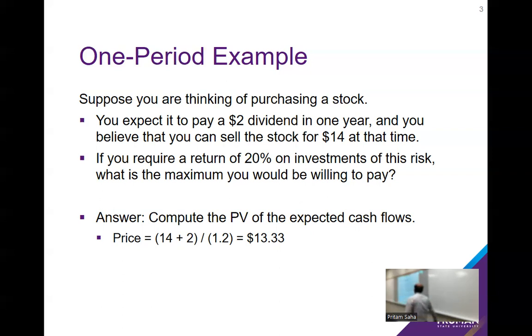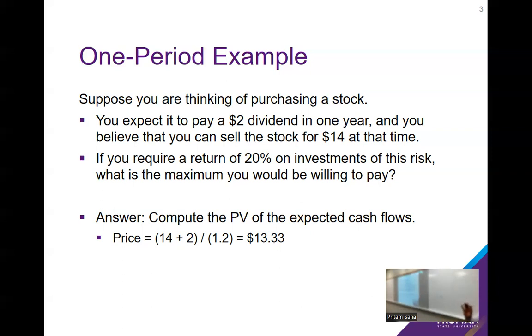So let's look at this problem. It's trying to tell us today, we get $2 of dividend, $14 of stock price, right? So present value today should be a function of cash flow in future, which is 14 plus 2 divided by 1.2.